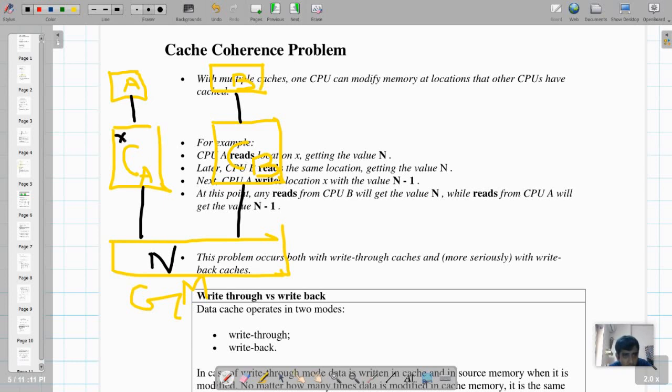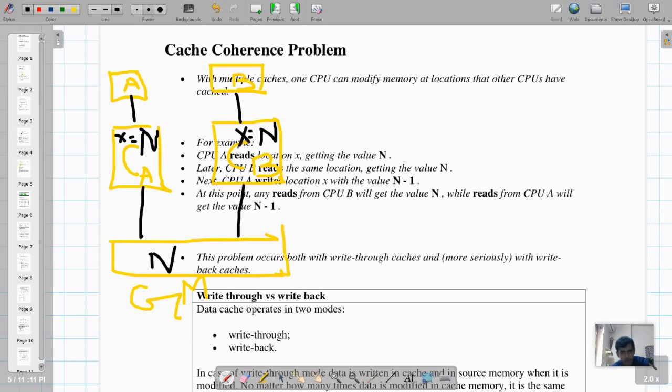So now value N has been introduced into memory location X into cache A. Now after some time, what happens? Say processor B requires the same piece of data, that is this N. So it will read N into its local cache.